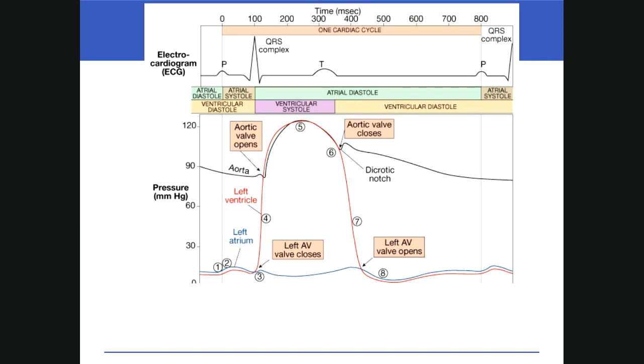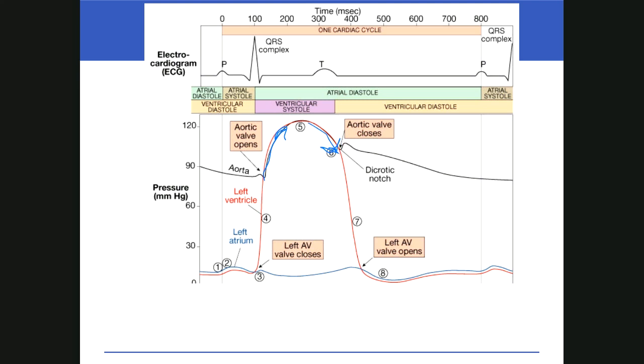In ventricular systole, ventricular pressure goes up. In ventricular diastole, ventricular pressure goes down. And then when the ventricle pushes blood to the aorta, aortic pressure goes up. And when the ventricle stops pushing blood into the aorta, aortic pressure goes down.